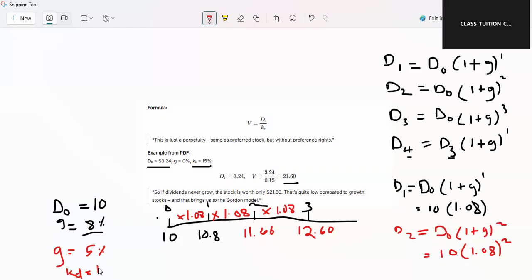So tell me, what would be the dividend in year 4? What are we going to multiply this 12.60 by? Are we going to continue with 1.08 or are we going to adjust the growth rate?